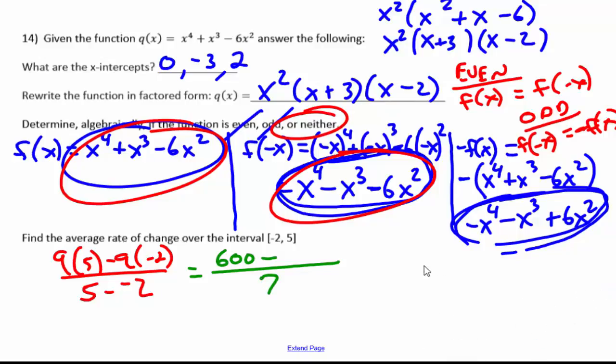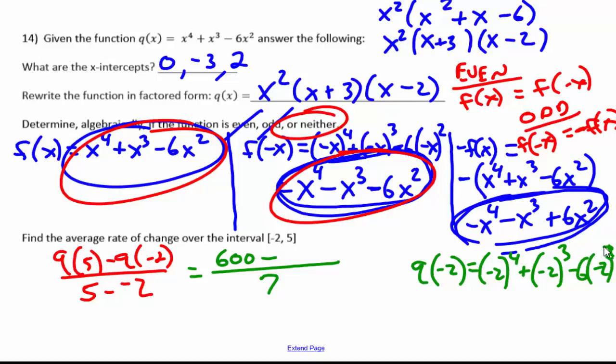All right, so now we're going to do q of negative 2. And that's going to be negative 2 to the fourth plus negative 2 to the third minus 6 times negative 2 squared. Negative 2 to the fourth is 16. Negative 2 to the third is negative 8. And negative 2 squared is 4 times a negative 6 is negative 24.